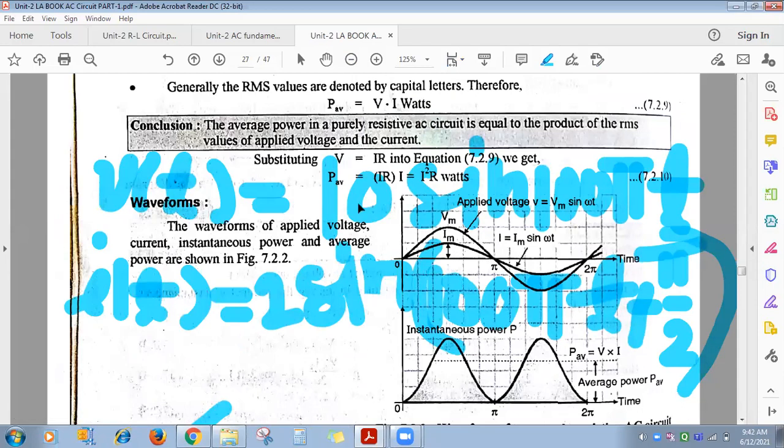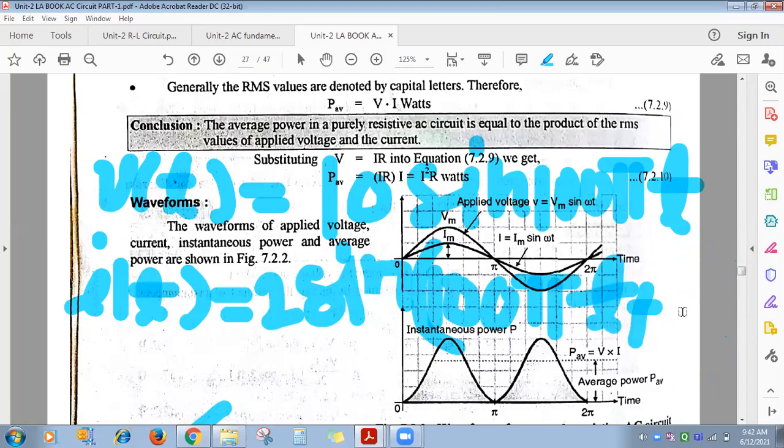Because you can see current is 2 sine 100 pi t plus pi by 2, so current leads voltage by 90 degrees. Whatever we have seen for resistance, you will get asked here for capacitive circuit.